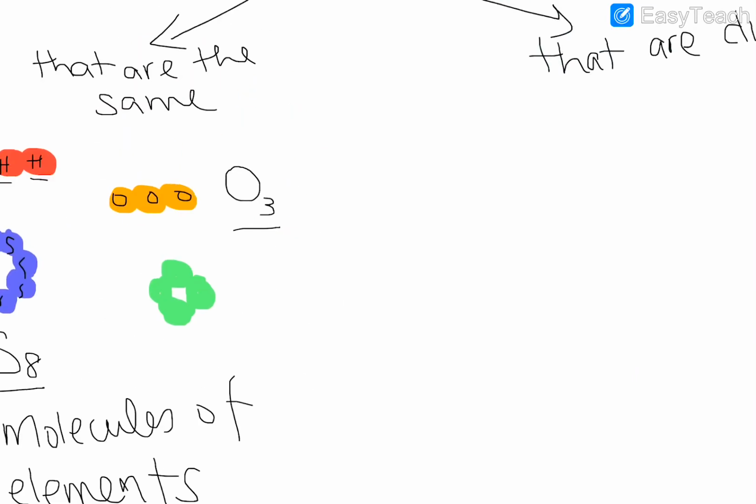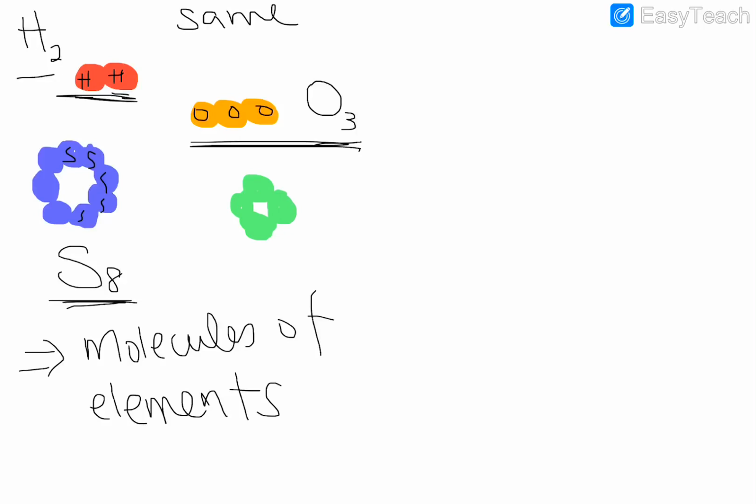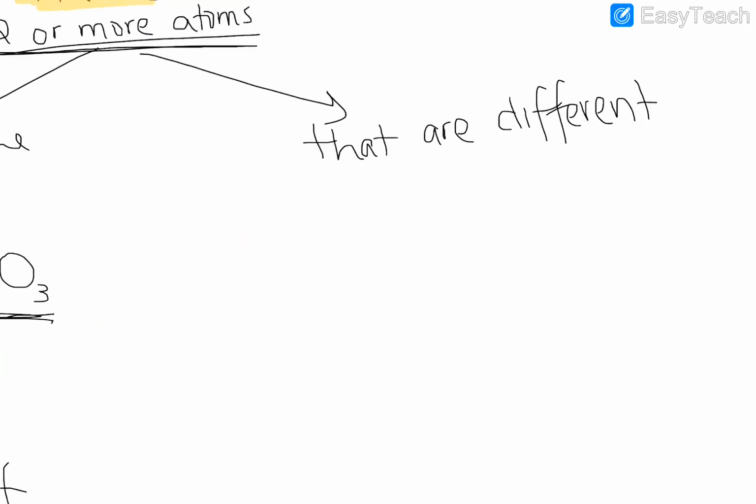If you see the same type of atoms, or you see the same color together, they're still elements, because if we break hydrogen down, we'll still get hydrogen. We break this one down, we'll still have oxygen. We break this one down, we'll still have sulfur. So they're still elements, but they are molecules because there are 2 or more combined together.